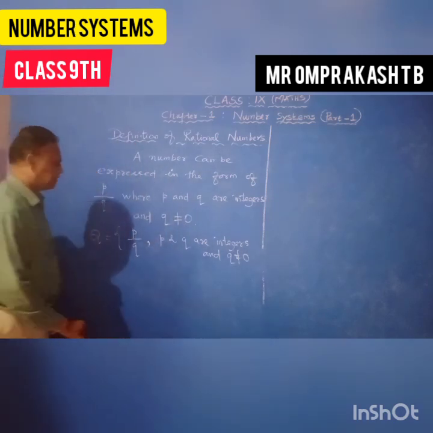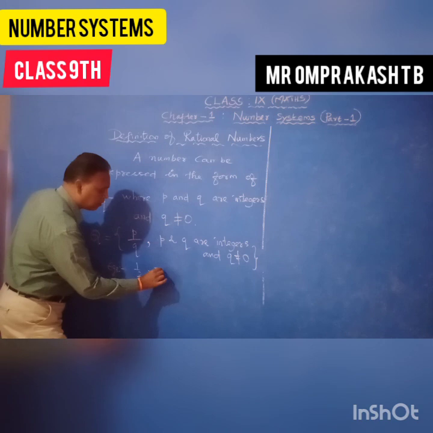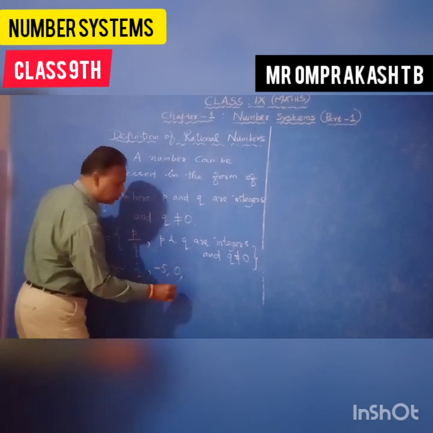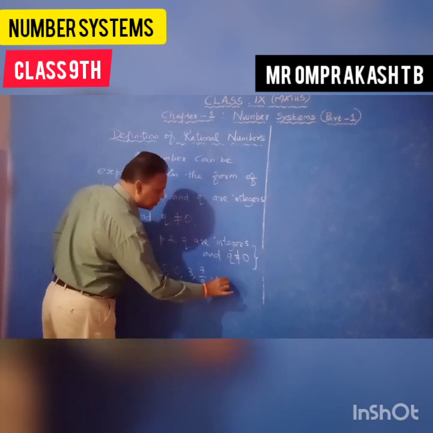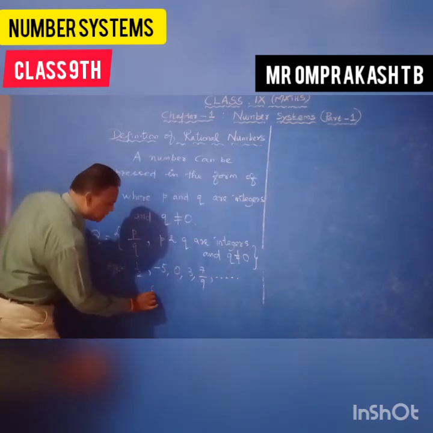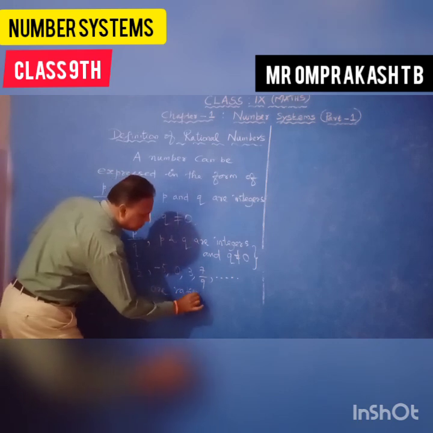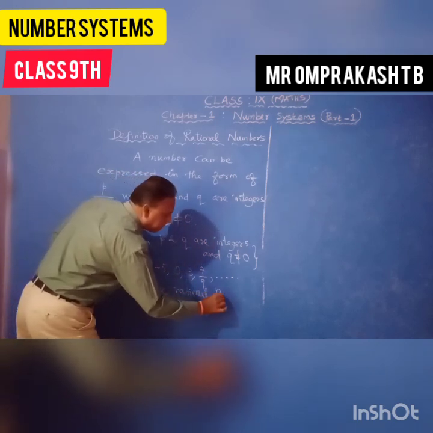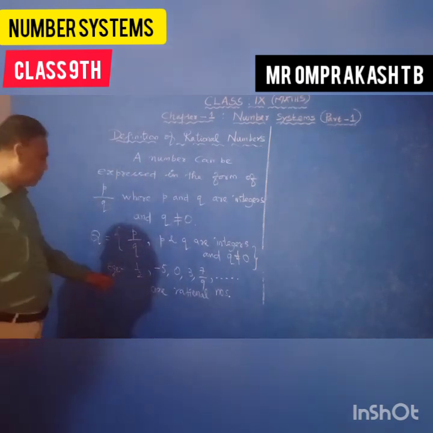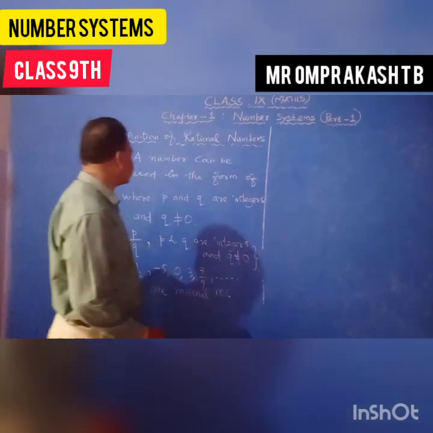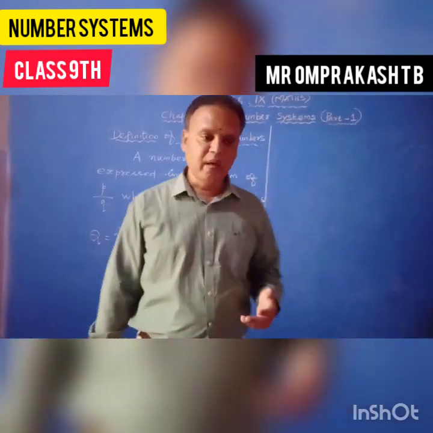That is the definition. 1 by 2, minus 5, 0, 3, 7 by 9, etc. They are rational numbers. So in the rational numbers, you have many types. Clear?